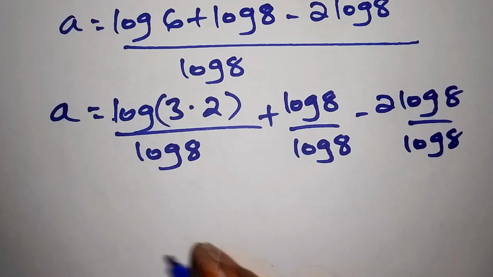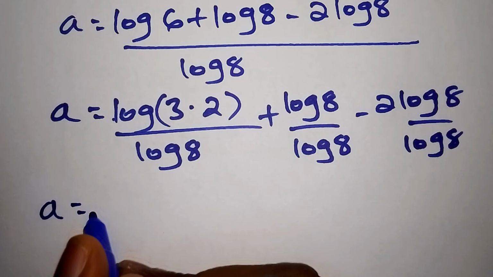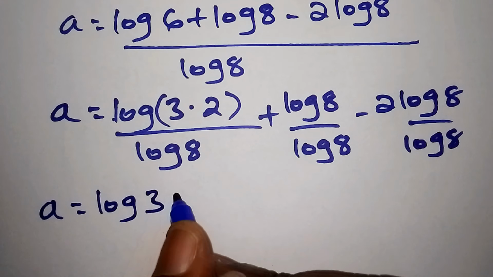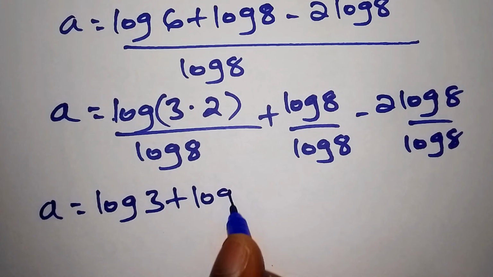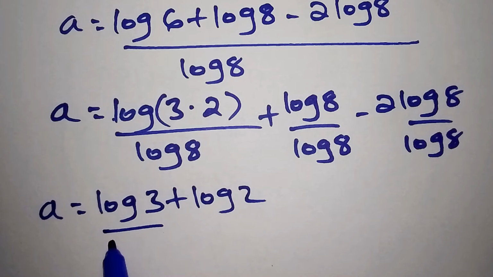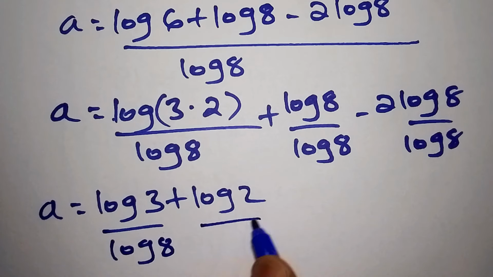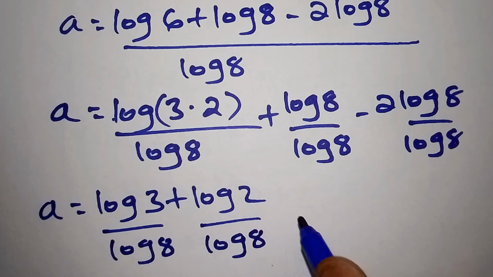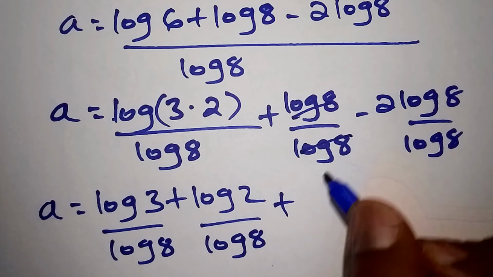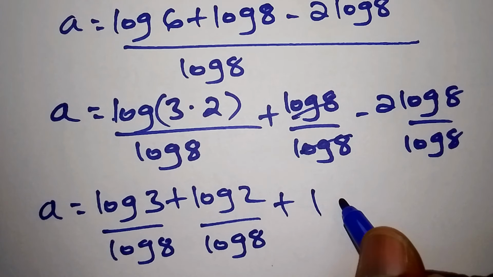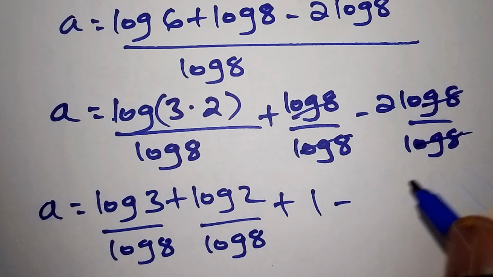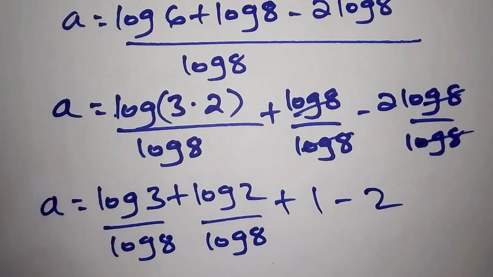So a is equal to the log of 3 plus the log of 2, all over the log of 8, plus, log 8 and log 8 cancel, so we have 1, minus, log 8 and log 8 cancel, so we have 2.